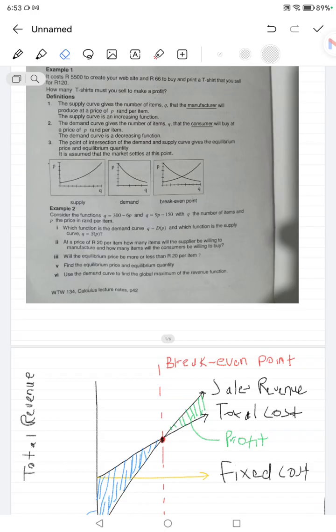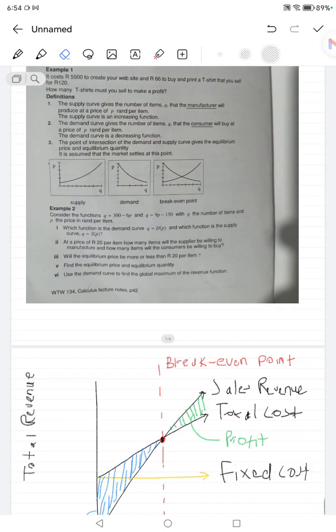In example 2, they say consider the functions q equals 300 minus 6p and q equals 9p minus 150, with q the number of items and p the price in rand per item.